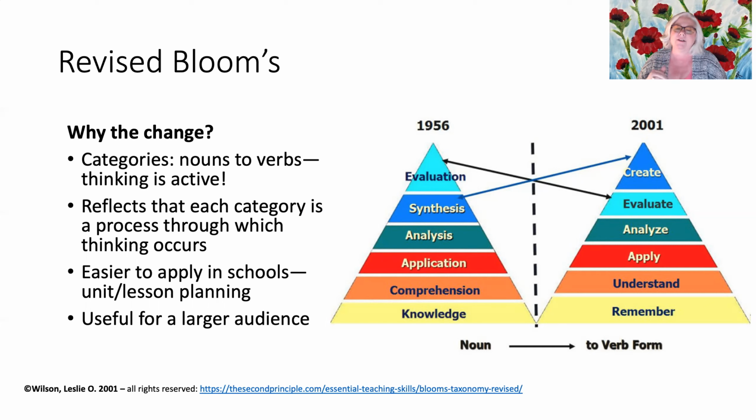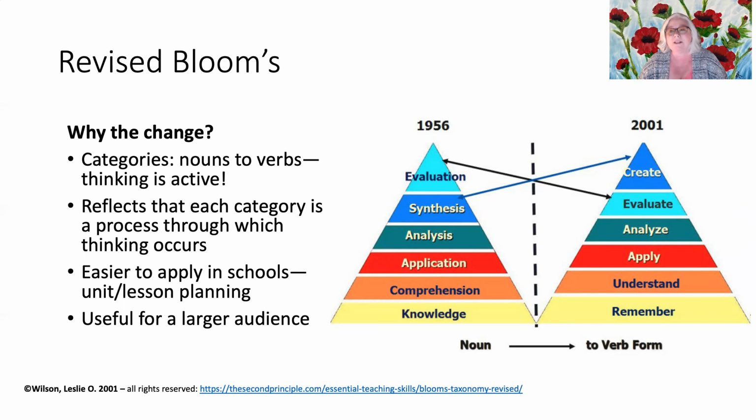The categories are now moving from being nouns to verbs, because thinking is an active process. It's something we do. So these categories should reflect the doing of thinking or cognitive processes. It also, by making it a verb, reflects that a process through which thinking occurs is, as I said, an action that we're going to do.